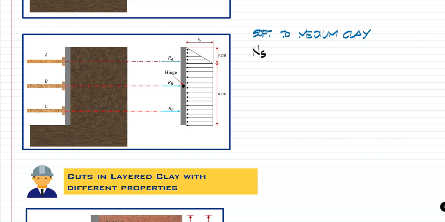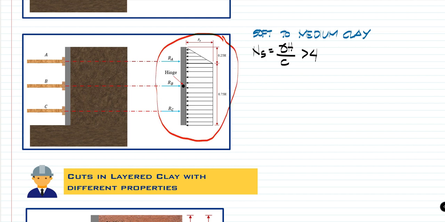So, that is N sub S is equal to gamma H over C. So, the stability number should be greater than 4. So, sa soft to medium clay, kailangan ng stability number natin na nako-compute will be greater than 4 para ma-under siya ng soft to medium clay. Then, the diagram for a soft to medium clay will be this one shown here.